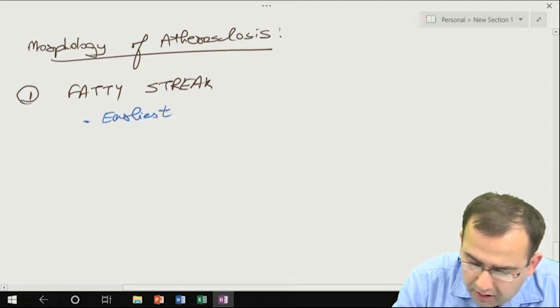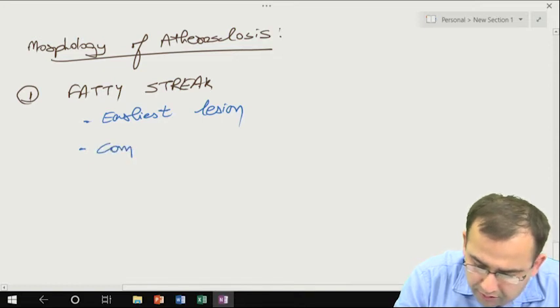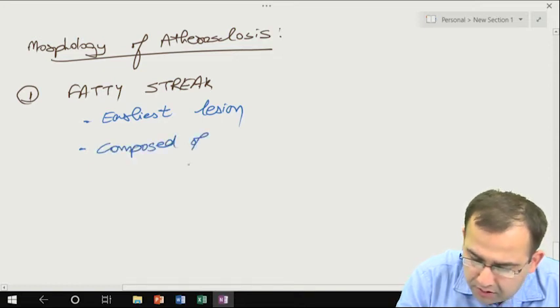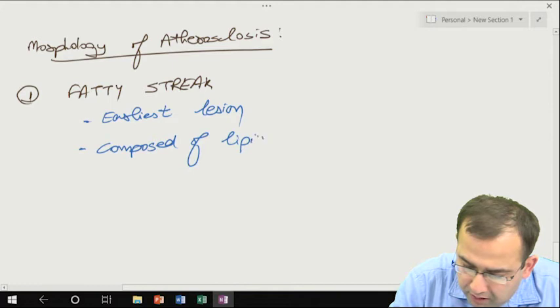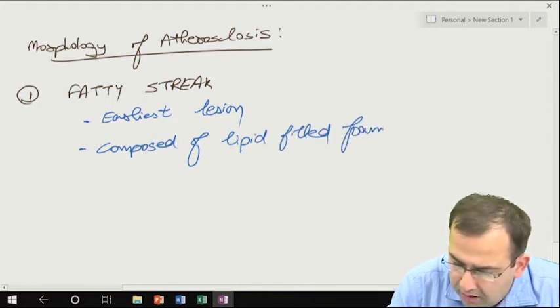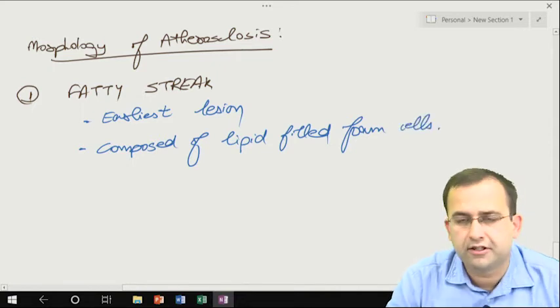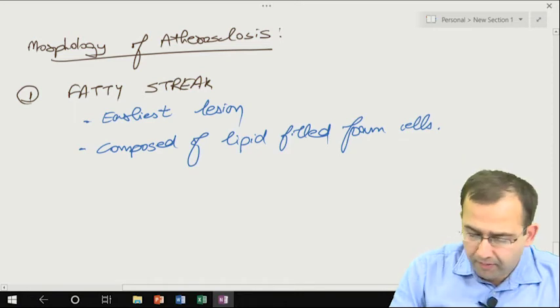It is the earliest lesion, which is composed of lipid-filled foam cells. It is the earliest lesion of atherosclerosis.